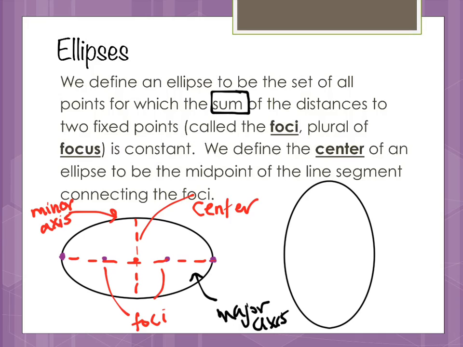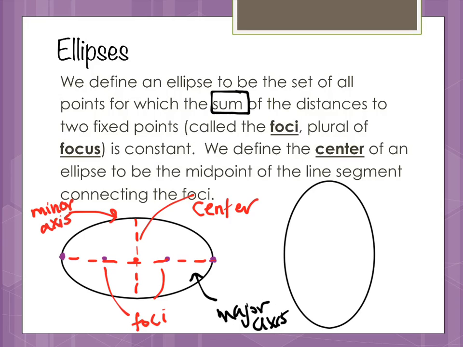Your book doesn't go into quite as much terminology as I just did, but I know I'm going to fall back into saying some of these things. They're not complicated ideas. The major axis is simply the longer one, and it's the one that has the vertices on the end of it. And the minor axis is the shorter one. The major axis has the foci on it, as well as the vertices and the center. All of that lies on the major axis. Obviously, the center lies on both axes.